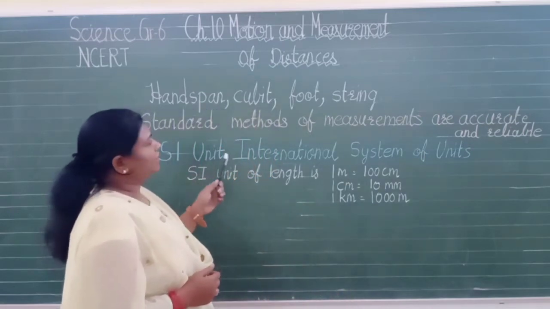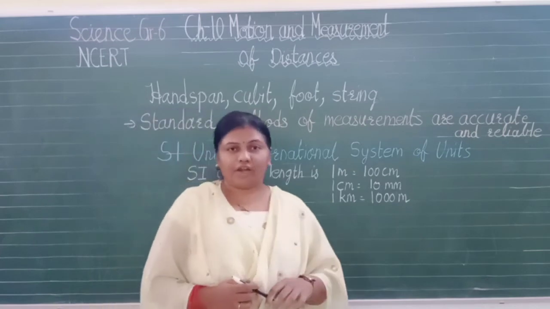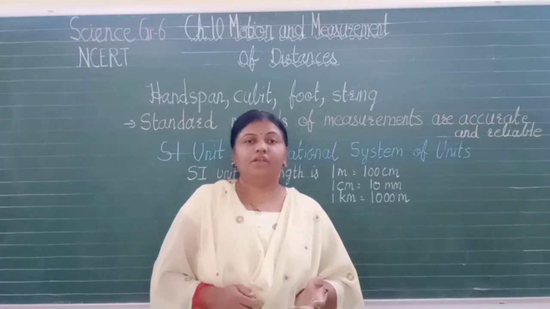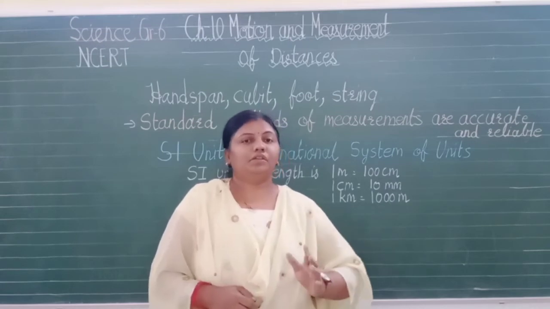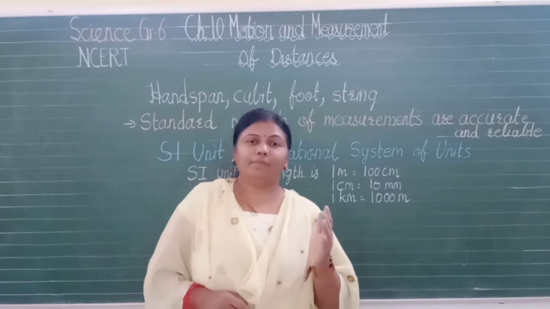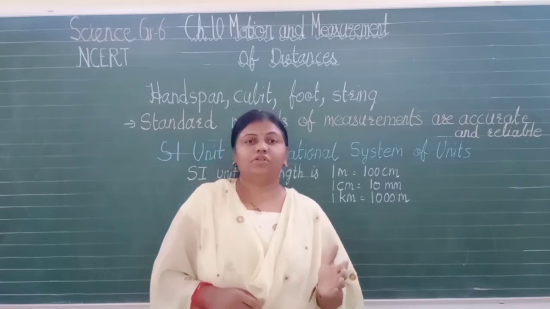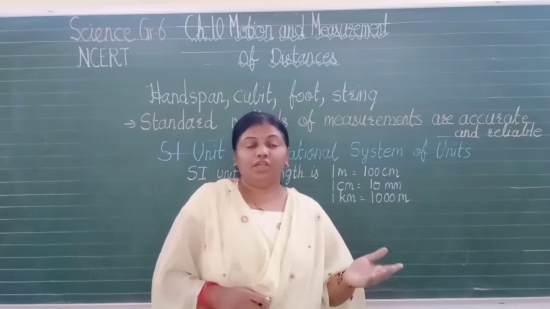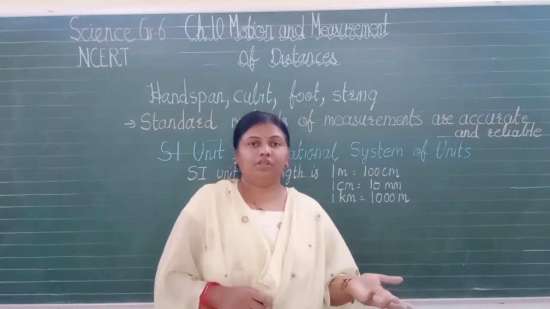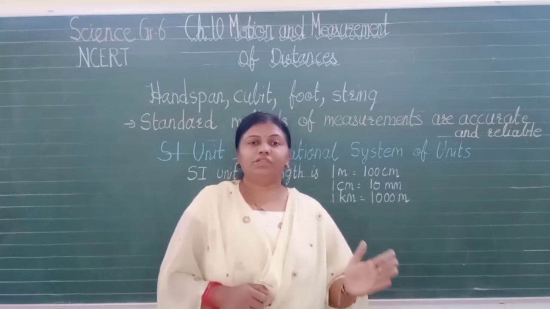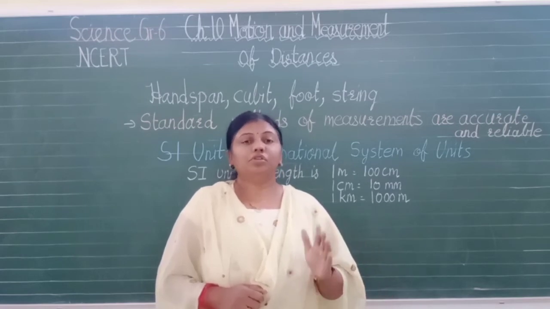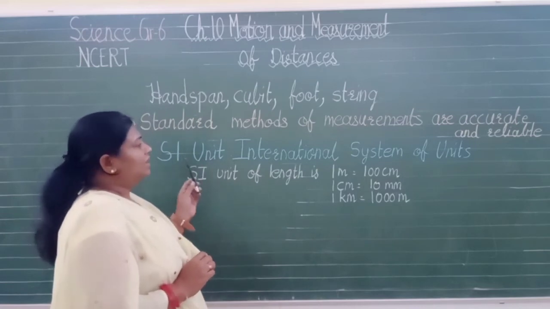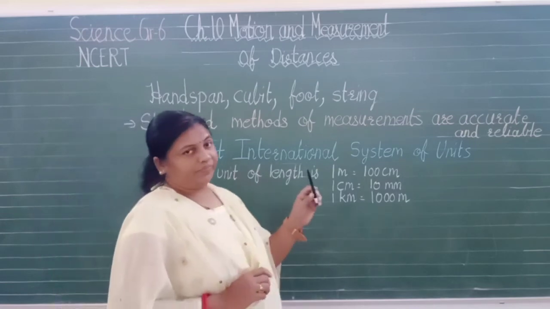So, standard methods of measurement are accurate and reliable. So, people have invented new standards of measurement which are accurate, whether it is taken by you or by your parents or by your friends or any relative who is not living near you, or maybe in a different country, the measurement taken by each person will remain the same. Such kinds of measurements are known as SI, that is the International System.